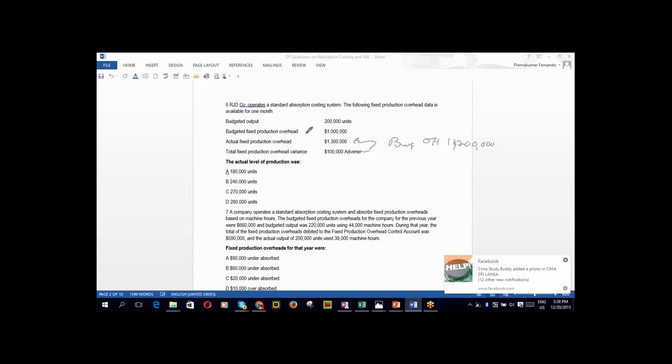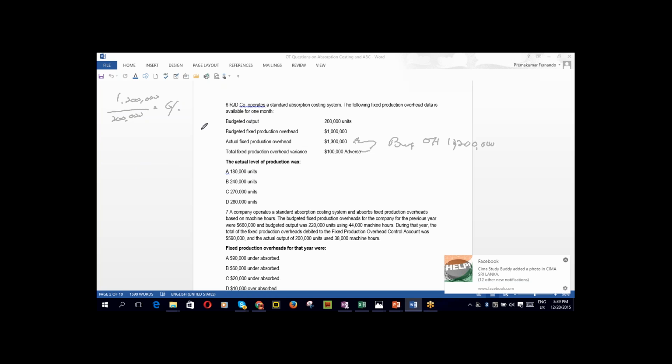So now we know the budgeted overheads are 1,200,000 and the budgeted output is 200,000. Sorry, I missed it.